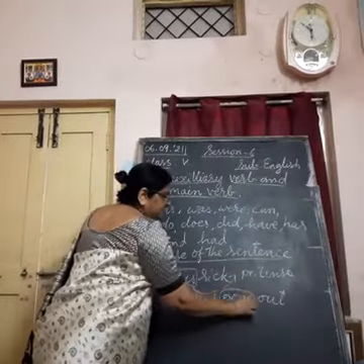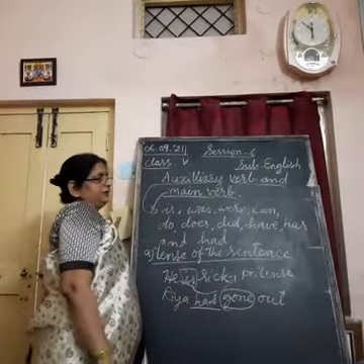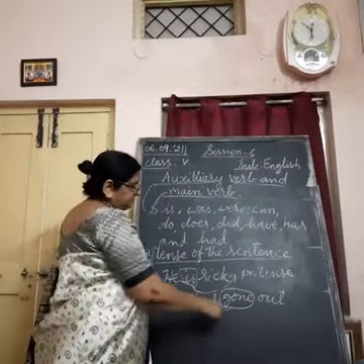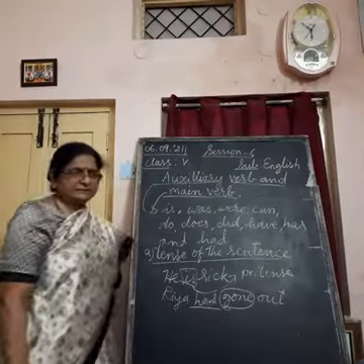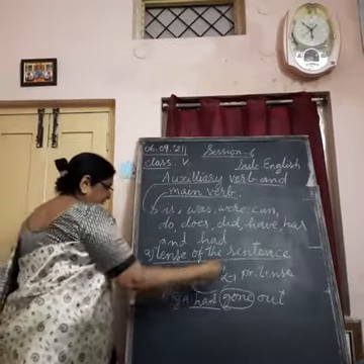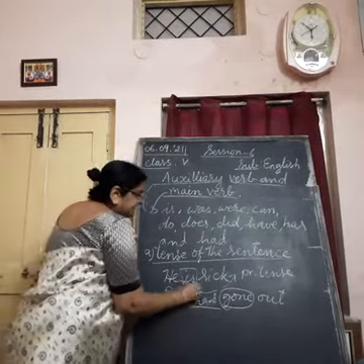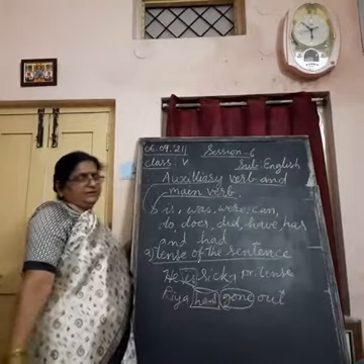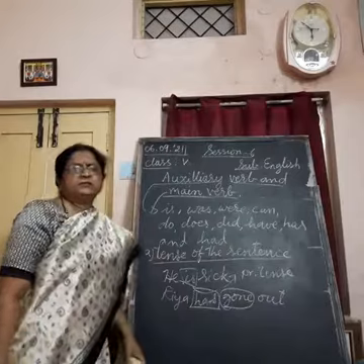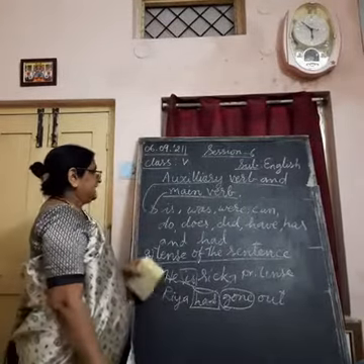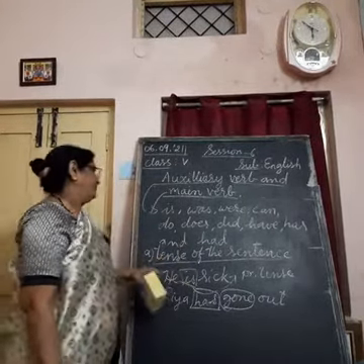Gone is the main verb, the past participle. It shows us the action in the past. Has gone out. Has is the auxiliary verb. It tells us that the sentence is in present tense form. Has, have is used in present tense form.